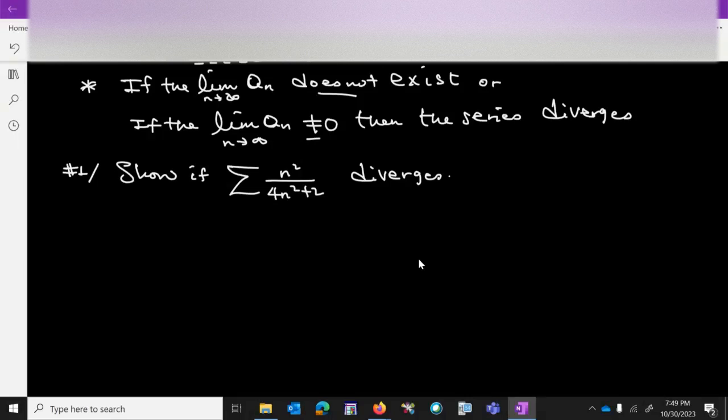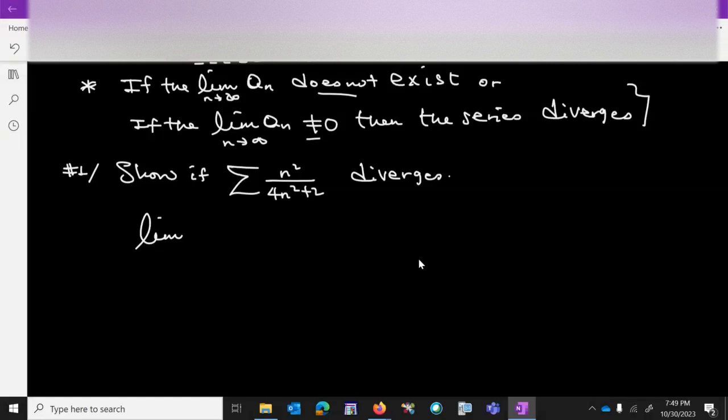To show if this diverges means that we have to meet the criteria mentioned above. So don't forget that.